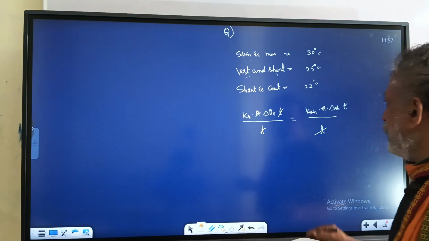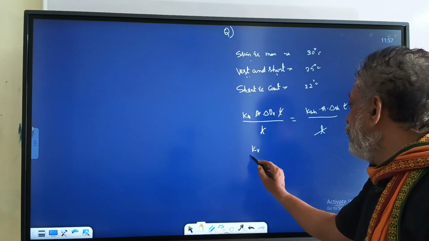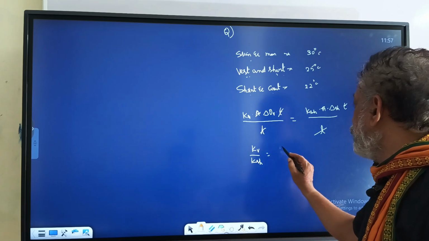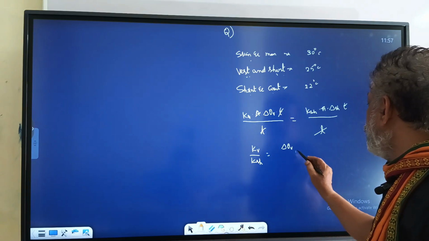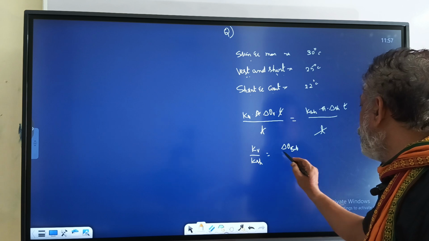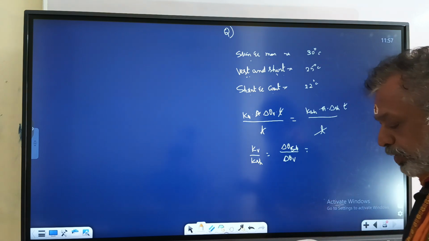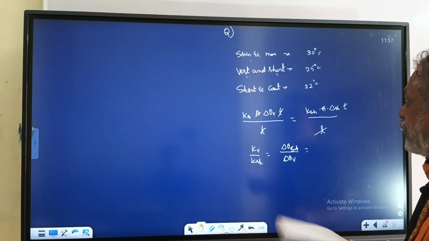Now what do you want to find? K vest divided by K shirt. So this is delta shirt divided by delta vest.